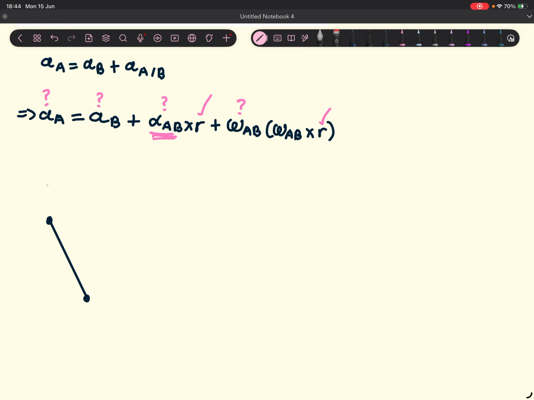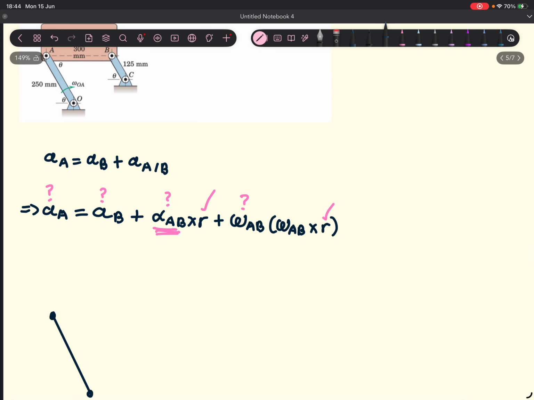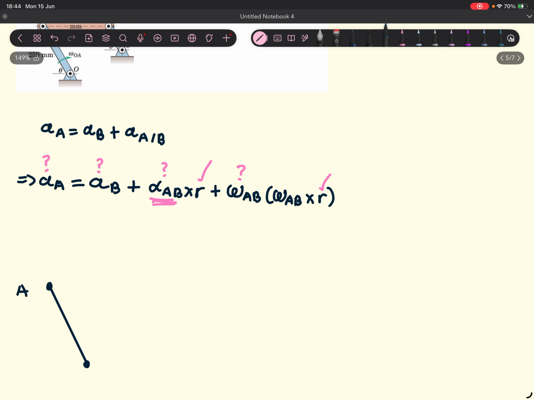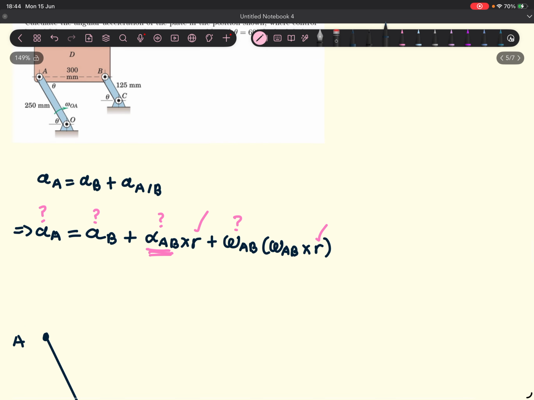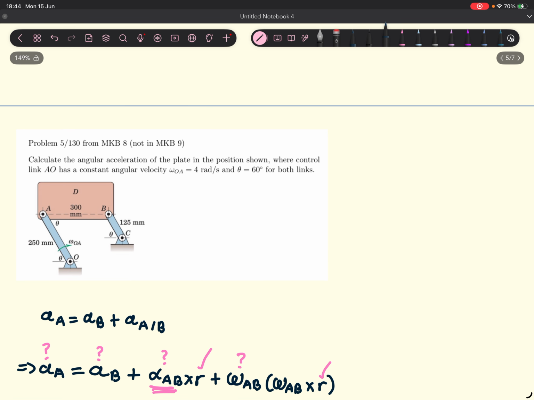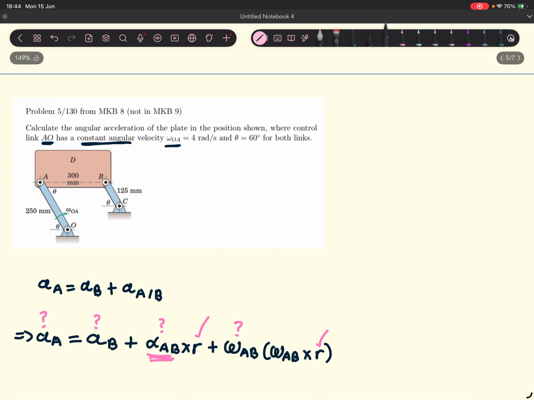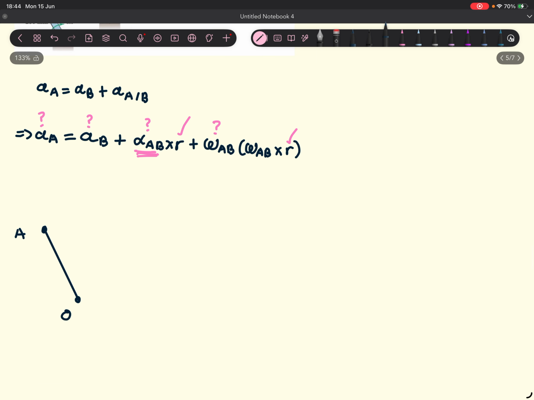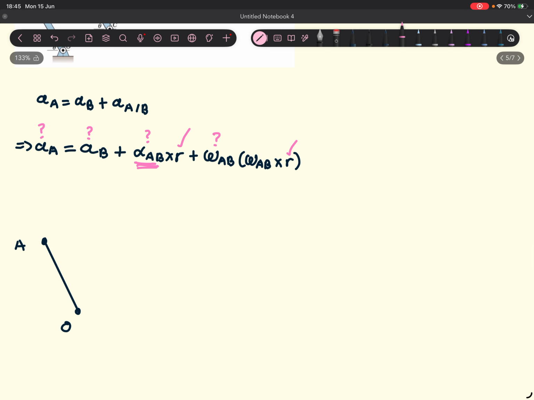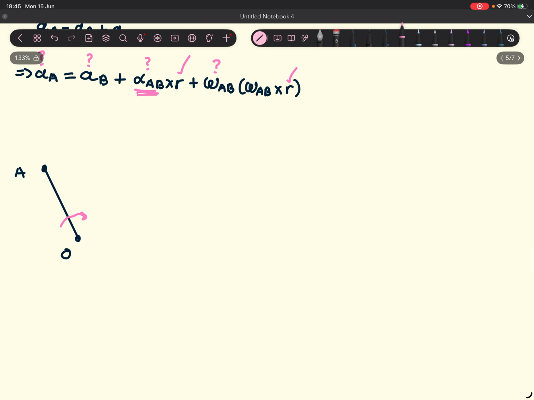Cool. So let's start with link AO, right? And they tell us that link AO has a constant angular velocity of omega AO, right? So since it's constant, we know that it doesn't have an angular acceleration. So we can add that as a little extra bit of information.